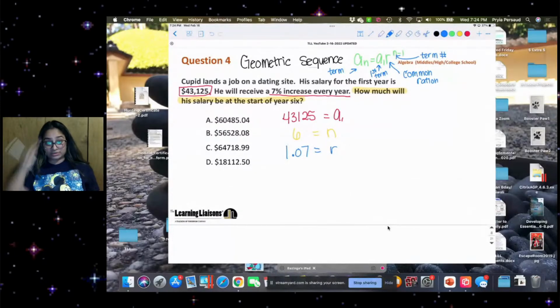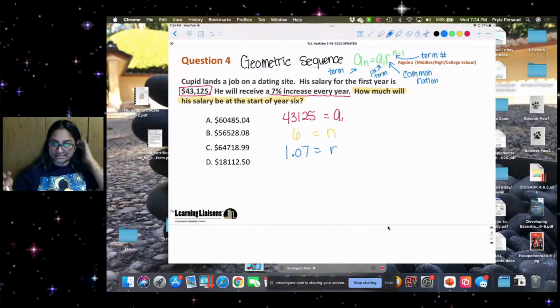All I did was take 7% and change that into a decimal, 0.07, and I added 100% to that because the 100% lets me know that it's from the previous year's salary plus the 7%. Okay? Hope we all got it.